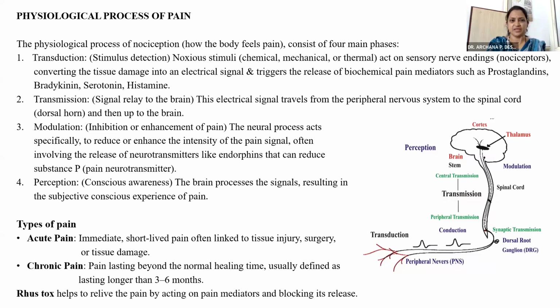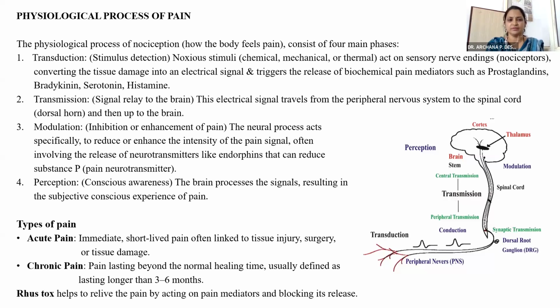Modulation and substance P: whenever there is pain signaling and involvement of neurotransmitters like the endorphins, the pain pathway acts through this modulation. And finally, we get the perception, through the brain signaling, which results in the conscious awareness of the pain.